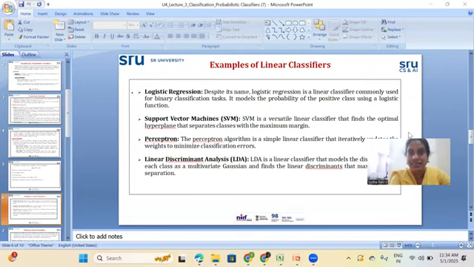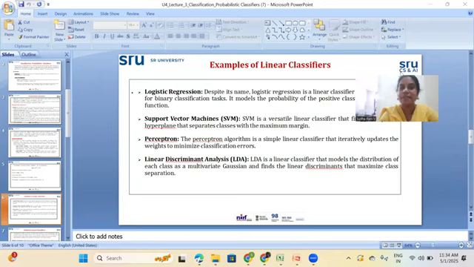And the next one is the SVM, support vector machine. SVM is a versatile linear classifier that finds the optimal hyperplane that separates classes with the maximum margin. The perceptron algorithm is a simpler linear classifier that iteratively updates the weights to minimize classification errors.